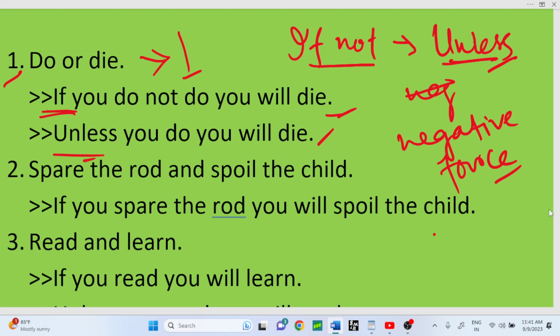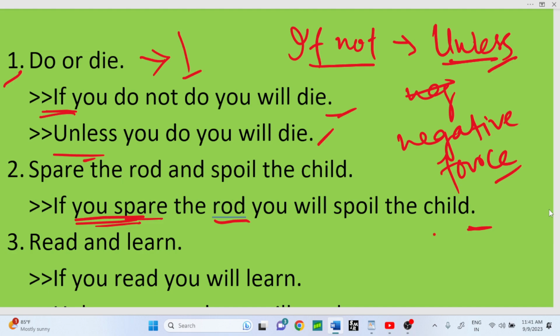Spare the rod and spoil the child. If you spare the rod, you will spoil the child. Unless you spare the rod, you will not spoil the child. See the difference? In the very first sentence, if you do not do, but unless you spare, because if you spare, there is no not.